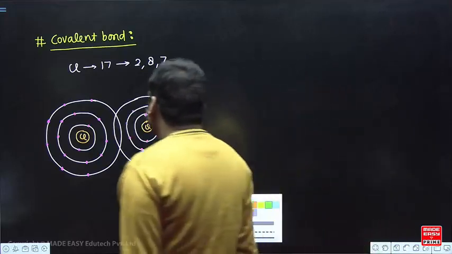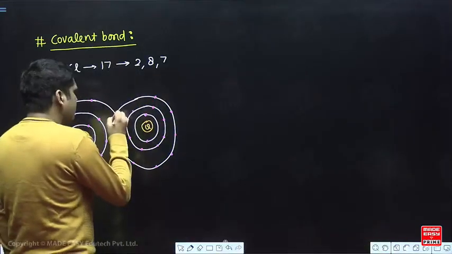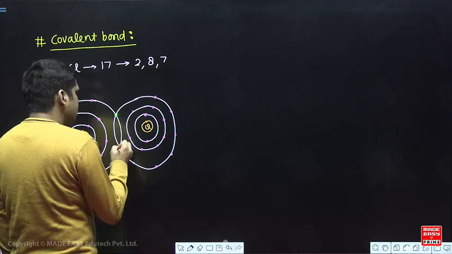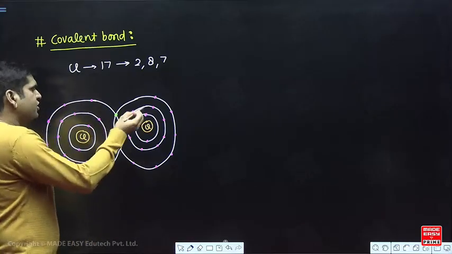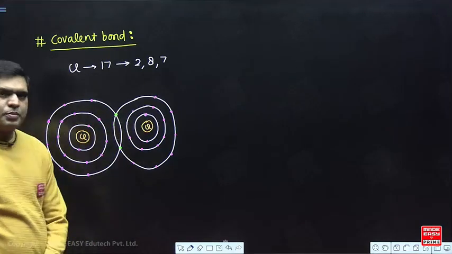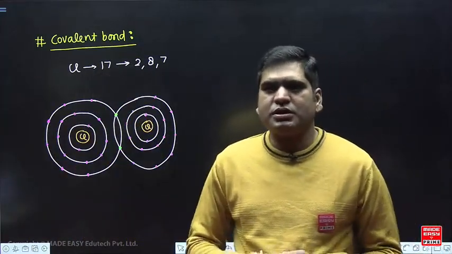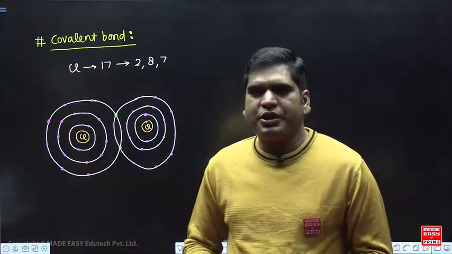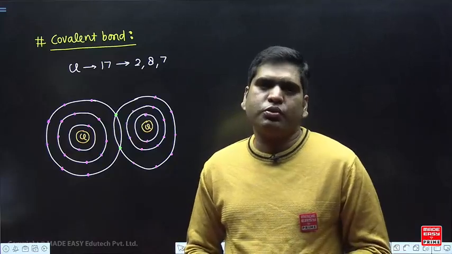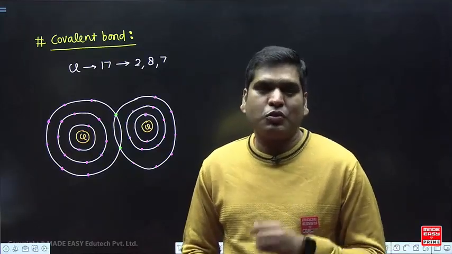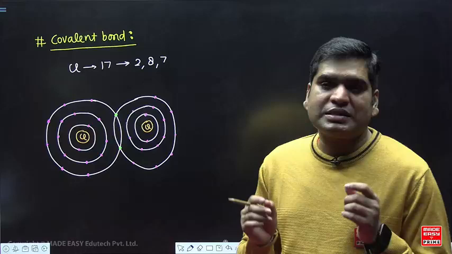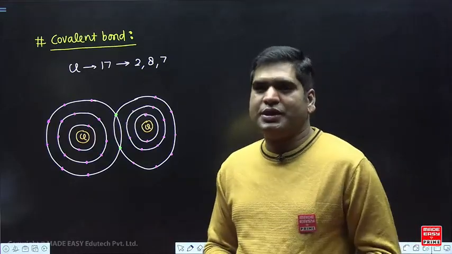Bonding can take place if both of them share 1 electron. So octet of this atom will get completed as well as this atom will get completed. They will become stable. So by sharing of electrons, if octet is being completed, then such kind of bonding is known as covalent bonding. So covalent bond is formed by sharing of electrons between the atoms.